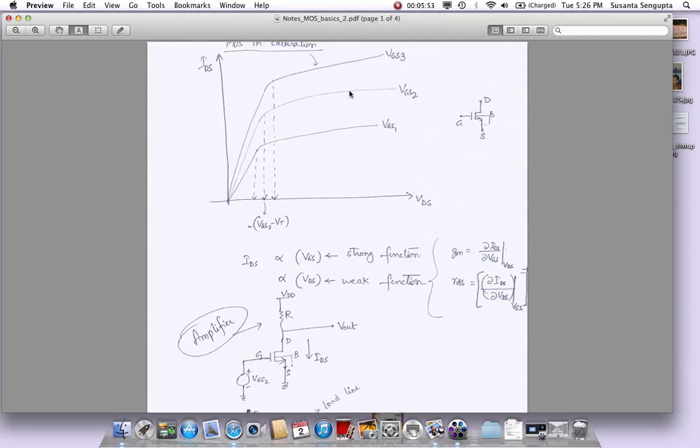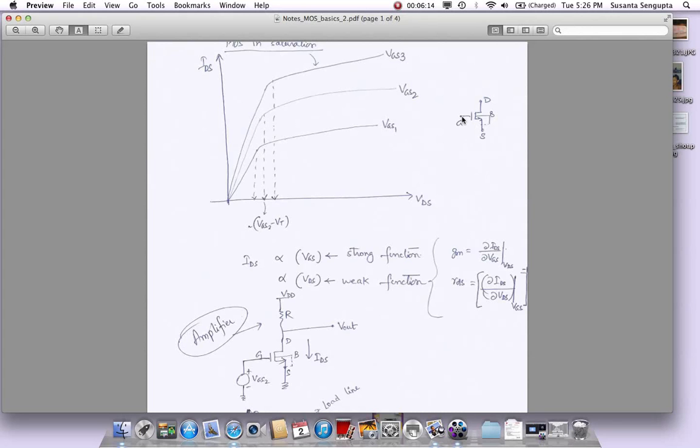When you have a DC voltage, a fixed VGS and VDS, on top of those you could have some small perturbations, say in VGS. I would say I have a DC voltage, but on top of that I could have some small perturbation caused by some voltage.